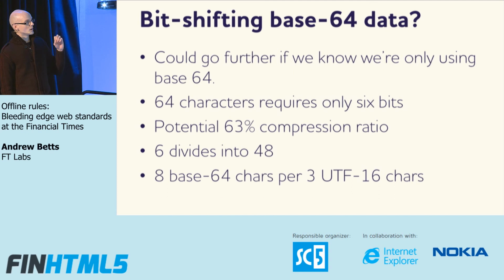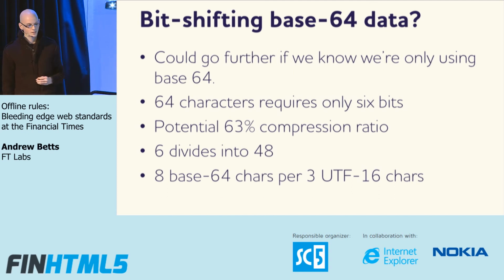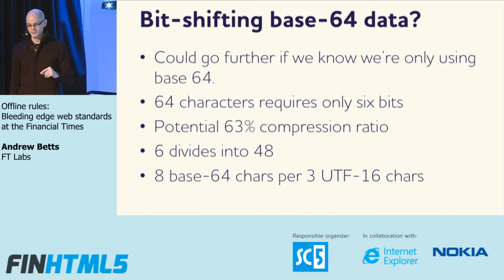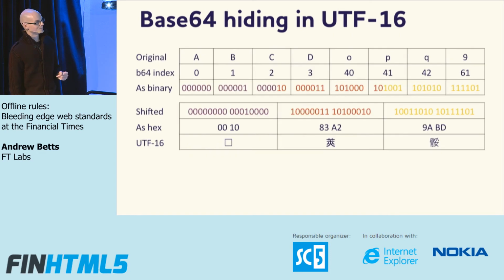Base 64 uses 64 characters. 64 possibilities only requires 6 bits to represent. 6 bits is actually a sub-byte encoding, but 6 divides into 48, so we should be able to get 8 base 64 characters into 3 UTF-16 characters, and we do that like this.